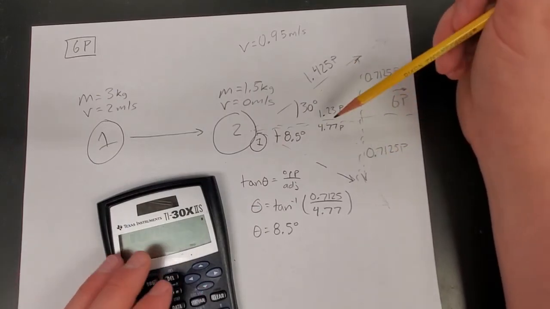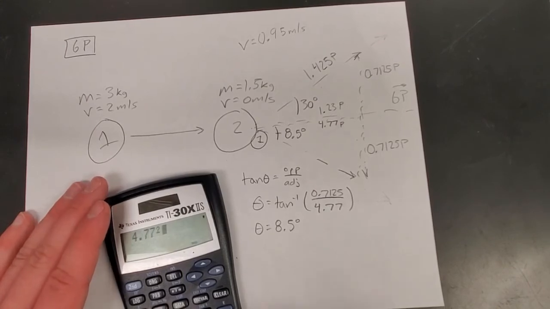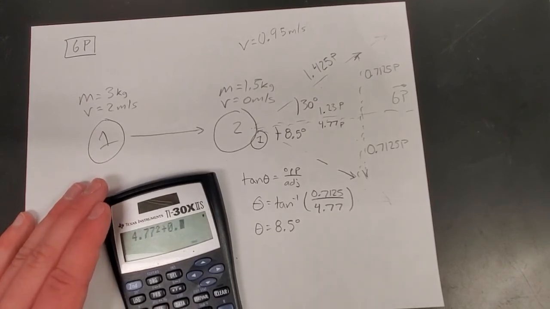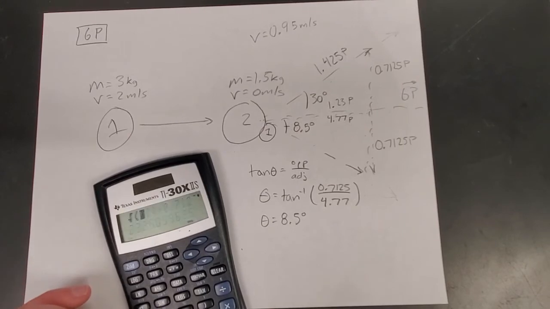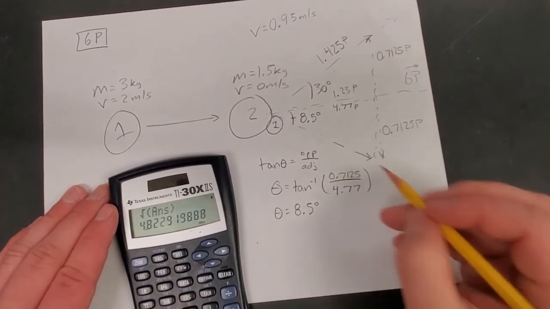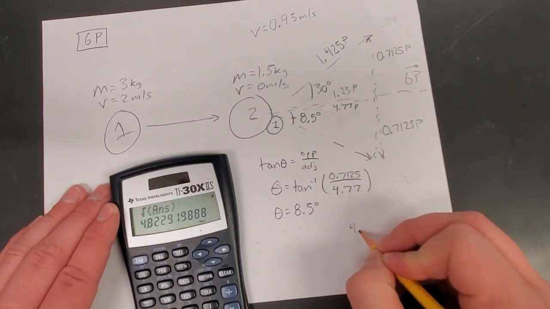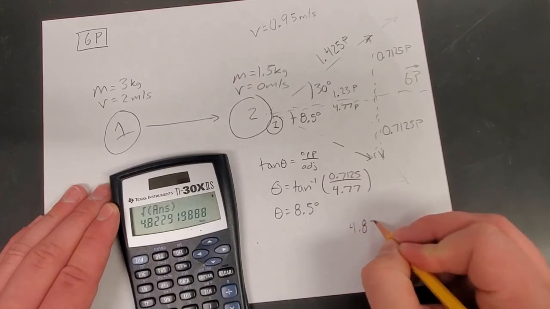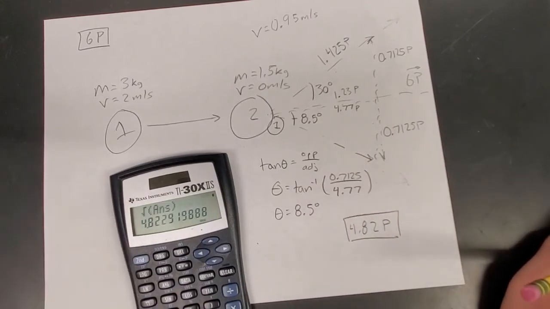The easiest way, I think, is the Pythagorean theorem, because we just add them together. 4.77 squared plus 0.7125 squared equals, and now you just take the square root of that answer. And down here, the momentum is 4.82p. So that's how you really want to solve these.